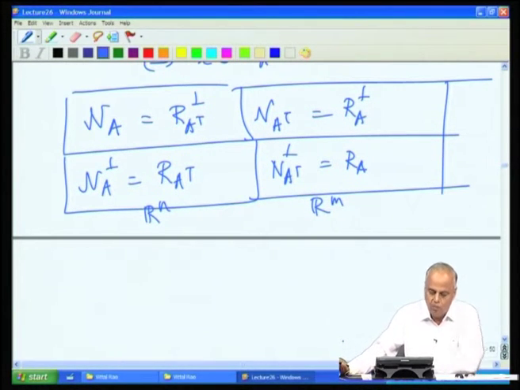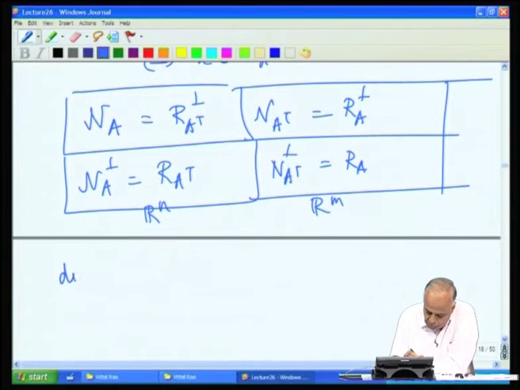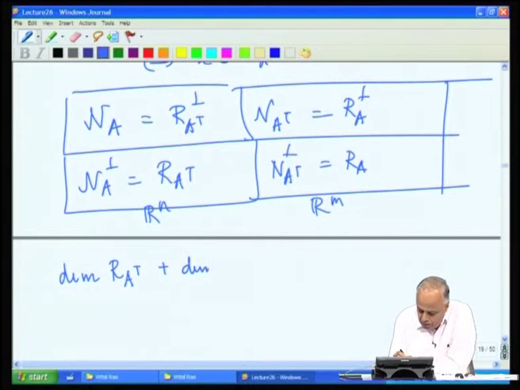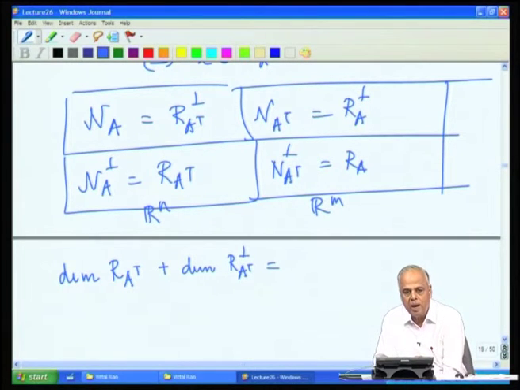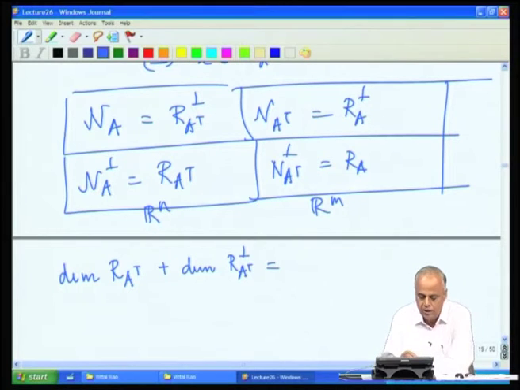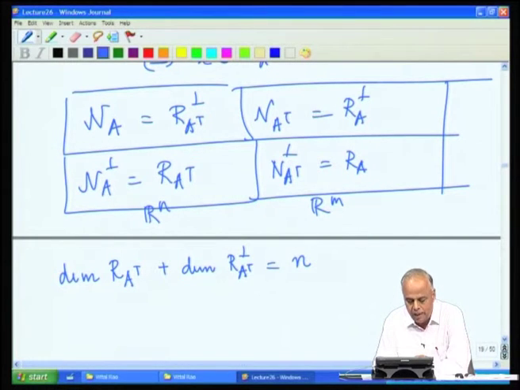Now, what does this mean? We have dimension of range of A transpose plus dimension of range of A transpose perp. Whenever we take a subspace and its orthogonal complement and look at the dimensions and their sum, it must give me the dimension of the whole space. These are all subspaces in R n, therefore the dimension of the whole space is n, that must be equal to n.